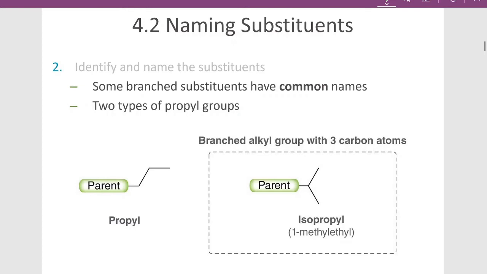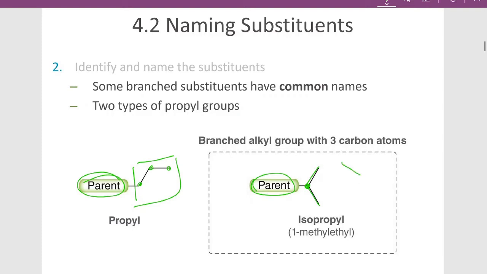So on the left, if we have a parent chain that has a 3-carbon straight chain attached to it, that 3-carbon chain is called a propyl group. If the parent is attached to a 3-carbon chain at the center instead of at the end, then that is called an isopropyl group.